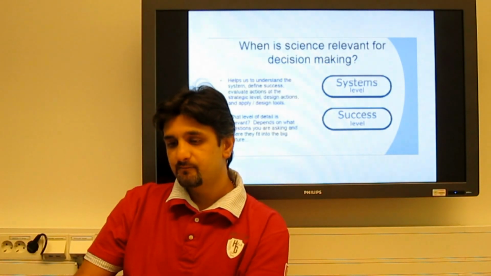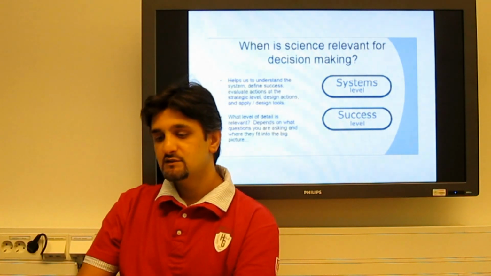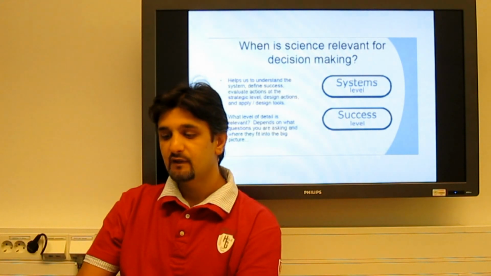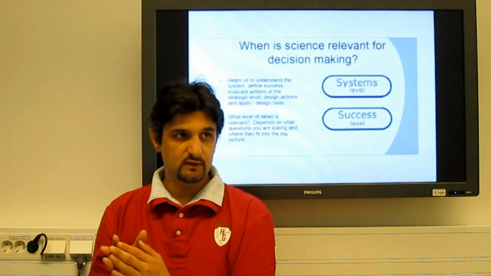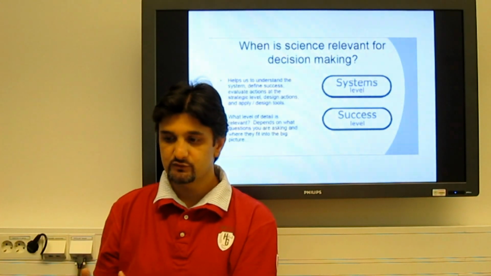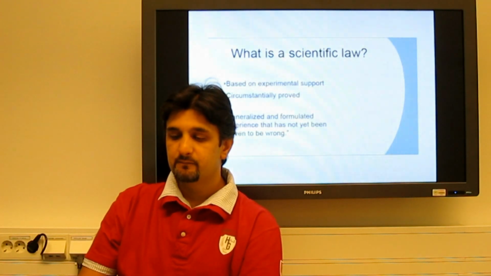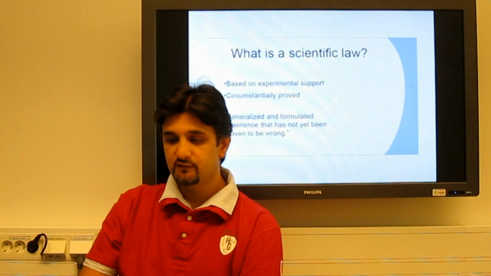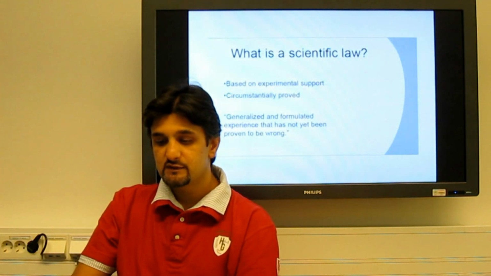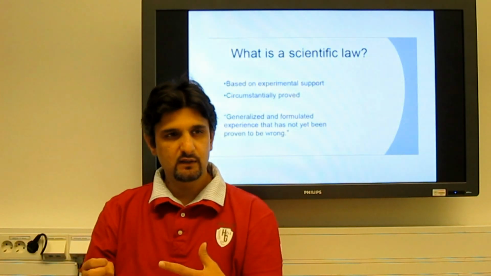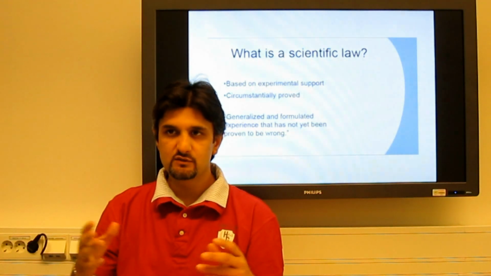And I told you about the scientific relevance of decision making. And I described that we've got the system and the success level, and we need some sort of knowledge that we call science in order to get closer to these kinds of definitions. And I talked about the scientific law, that it's based on the experimental, and or some circumstances about the effects and side effects of our range of experiments.